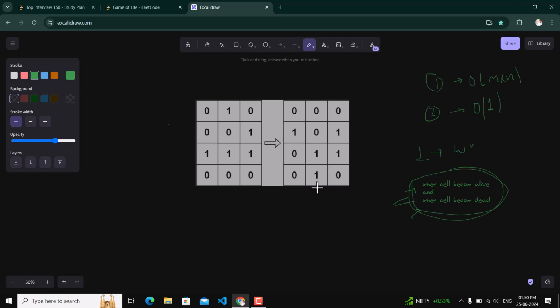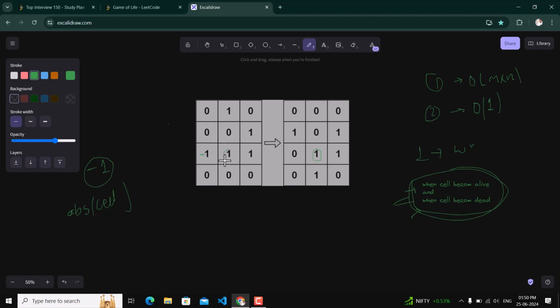Now for computing, when a cell becomes dead, we can make that cell -1 instead of 1. And whenever we are computing the neighbors of this, we can take the absolute value of the current cell. Let's say it died and we have made its value -1.